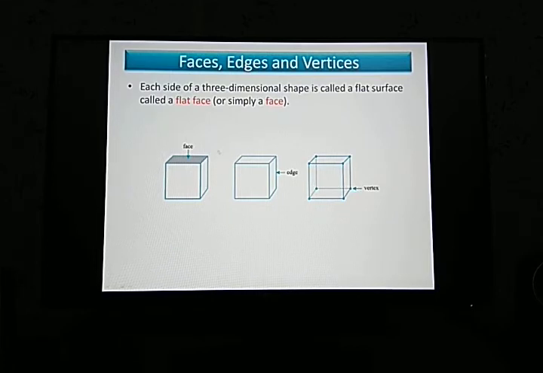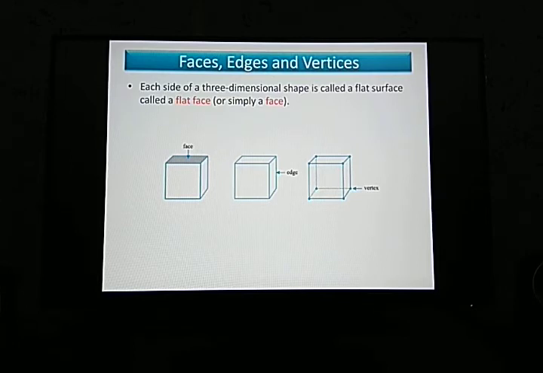So this is a three-dimensional figure. Here, this flat portion on all the sides, front, back, sidewise, top and bottom, these flat surfaces, what are they called? They are called the face. Say for example, in a room, the walls would represent the faces of that room. The top, the ceiling and the floor also would denote the faces of the room.